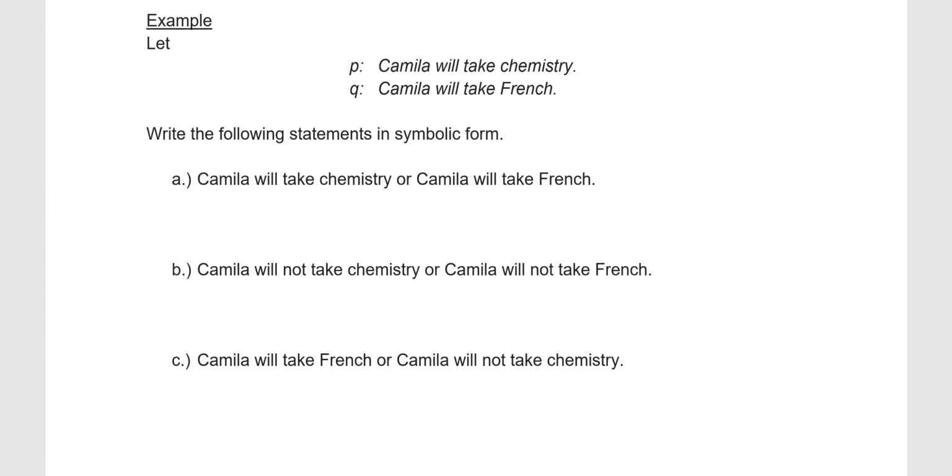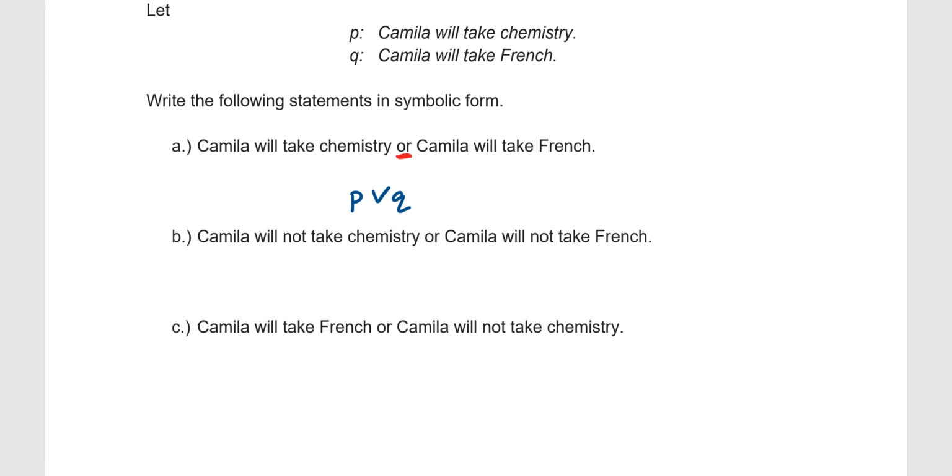The first one says Camilla will take chemistry or Camilla will take French. There's no negations going on here. They're both the exact statements. We see the word or, we know it's a disjunction. So it's going to be she will take chemistry, P, or she will take French. As simple as that for the first one.